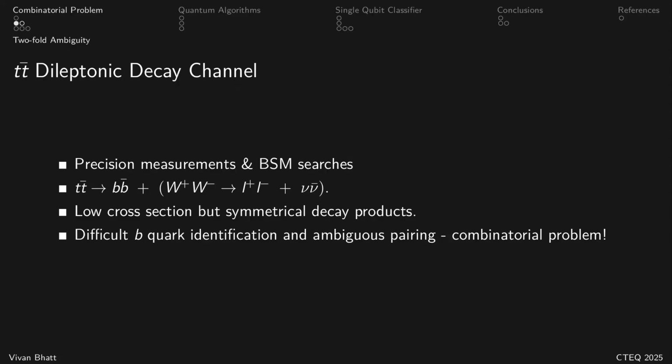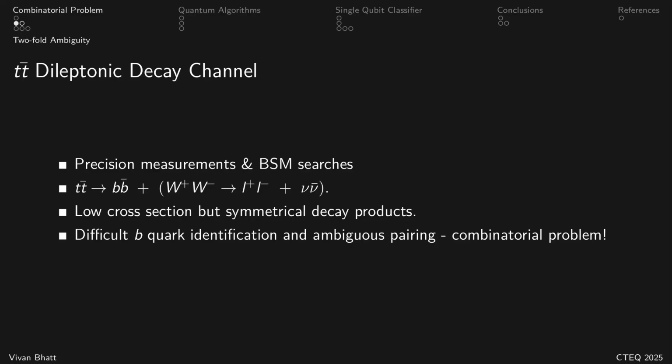So with HL-LHC coming up, precision searches are becoming more and more important. And one of the first problems that we face before any analysis is a combinatorial problem. When we have a ttbar dilepton event, you have 2 b quarks, 2 leptons, and some missing ET.